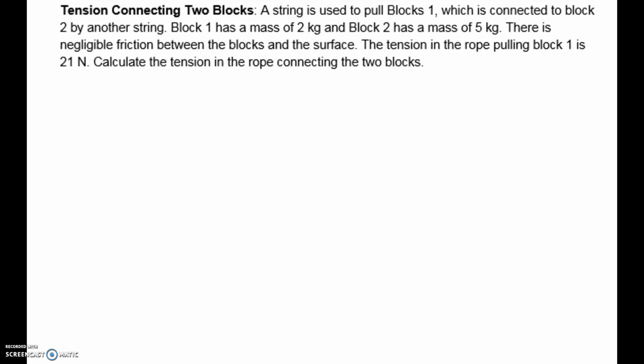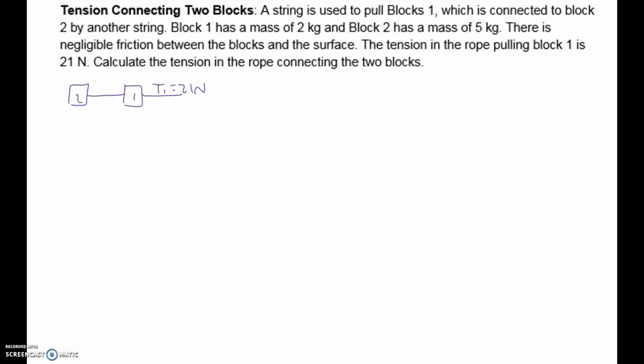Alright, so let's first sketch out the situation here. We don't know which way the two blocks are moving, so it doesn't matter which way we draw it, but I'm going to assume we've got block 2 on the left, connected by a string to block 1, which has another string connected to it, where we know the tension, which we'll call T1, is 21 newtons.